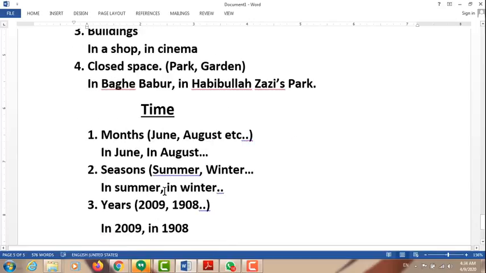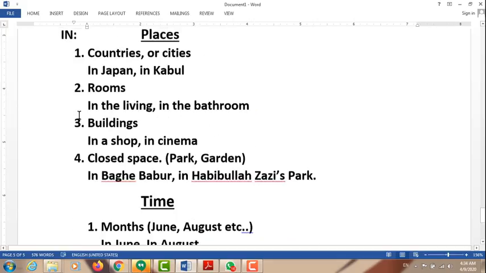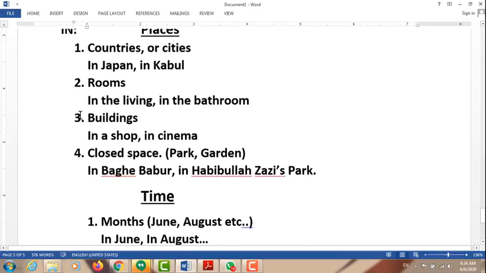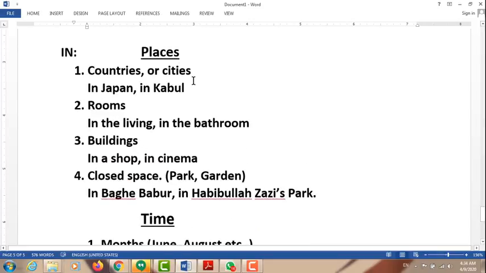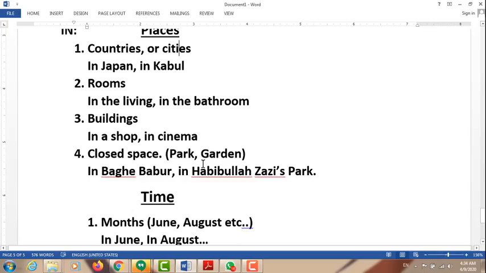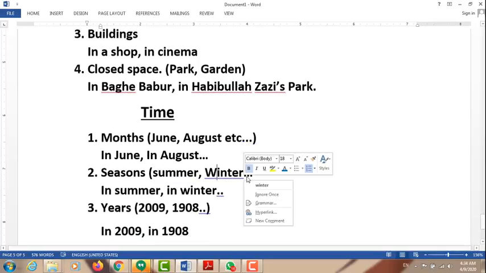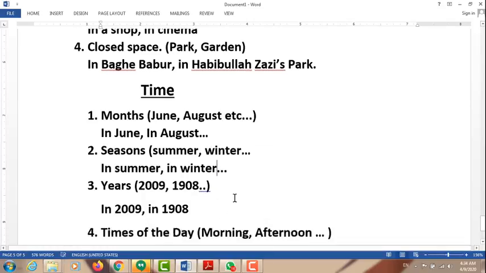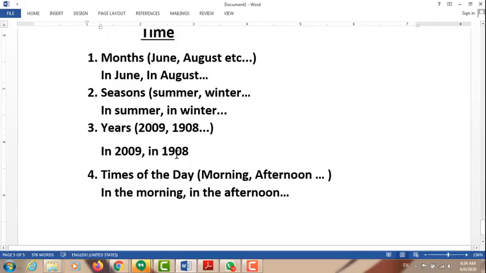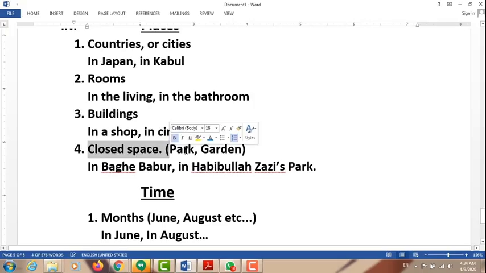Okay, so when you use it for places, you use it in this way. Places: for countries or cities, for rooms, for buildings like shops, cinema, for closed spaces, closed areas. These are just suggestions. If you want, you can change. If you don't want, just leave it. It depends on you. So for closed spaces like a park and a garden, like in Baobab, it's a garden.